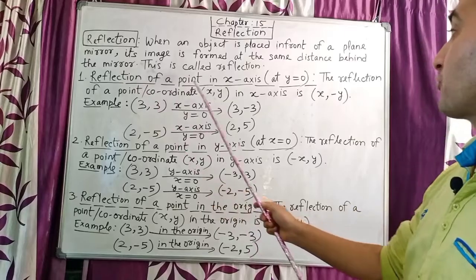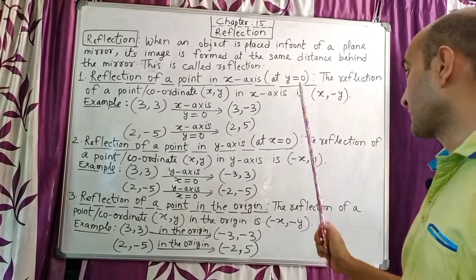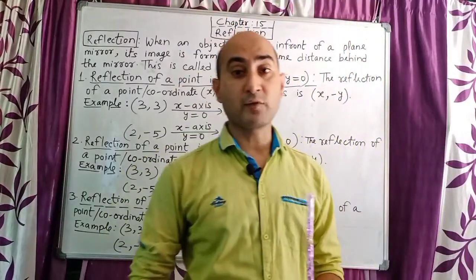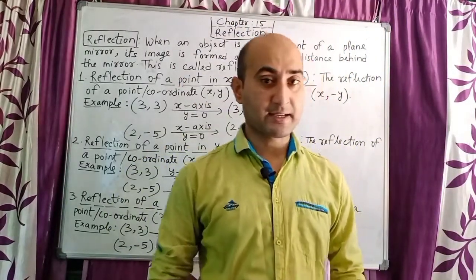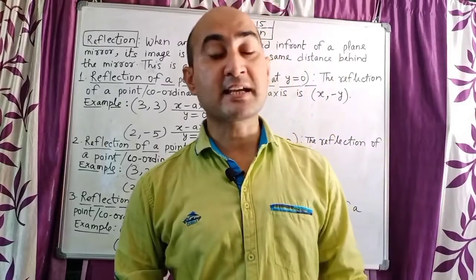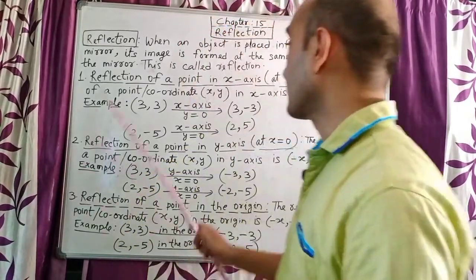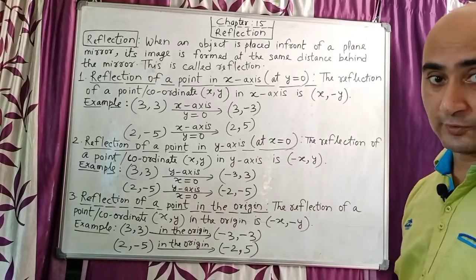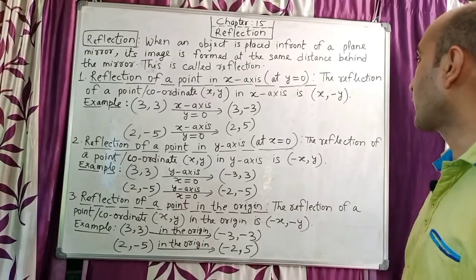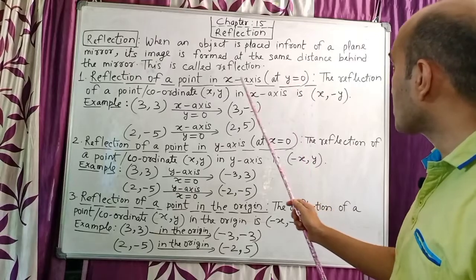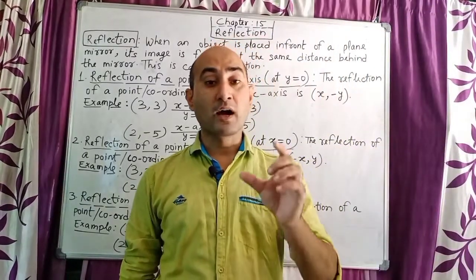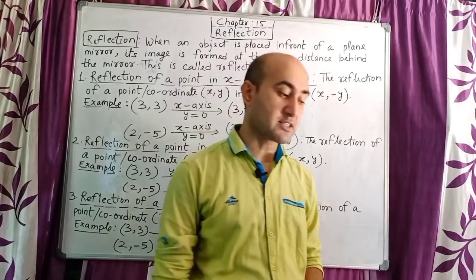Now, reflection of a point in the x-axis. In coordinate geometry we have the x-axis and y-axis. Whenever there is a reflection in the x-axis, it is a reflection of a point at y equal to 0. Y equal to 0 and the x-axis are both the same, because in the x-axis the value of y is 0.